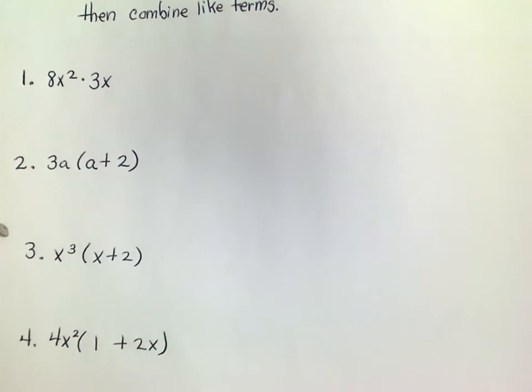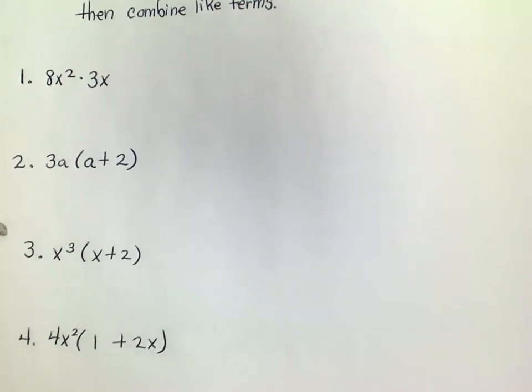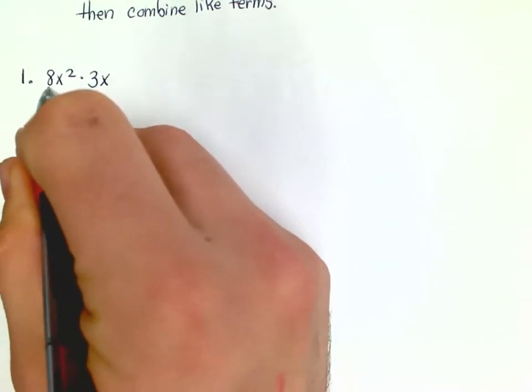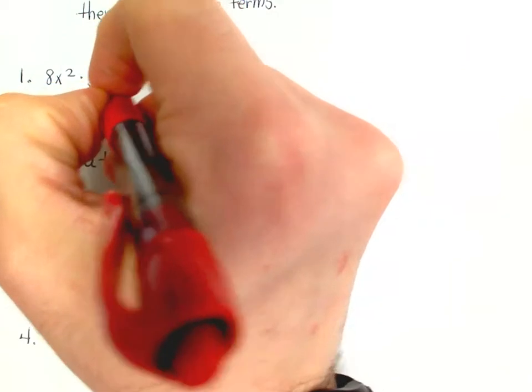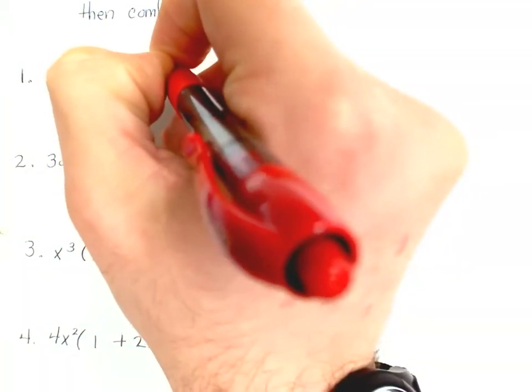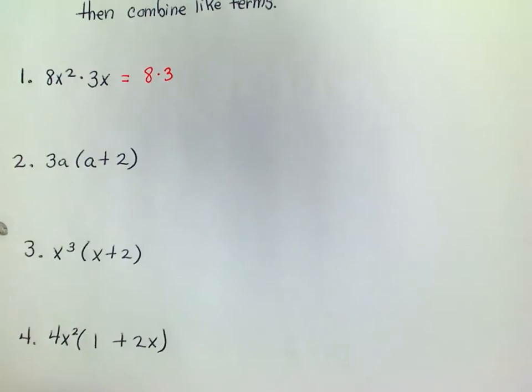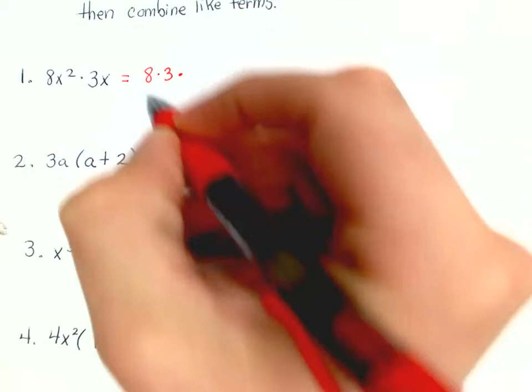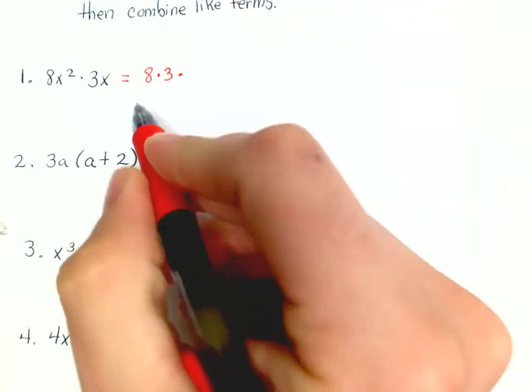Example 1 is 8x squared times 3x. And what we want to do is multiply the 8 and the 3 together, and then multiply the variables that go with each.